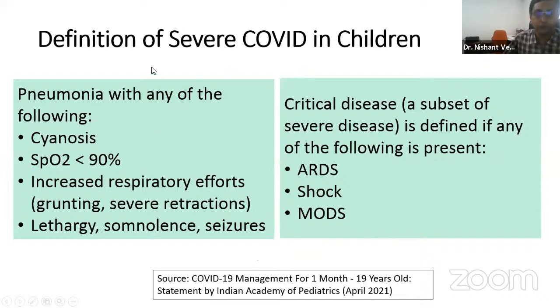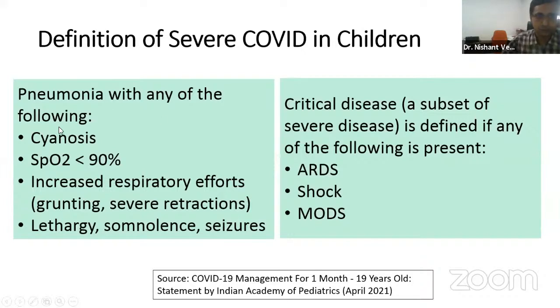How do we define severe COVID in children? Severe COVID is defined as pneumonia with any of the following clinical features: cyanosis, hypoxia, that is saturation of less than 90%, increased respiratory efforts, grunting, severe retractions, or lethargy, somnolence, or seizures.